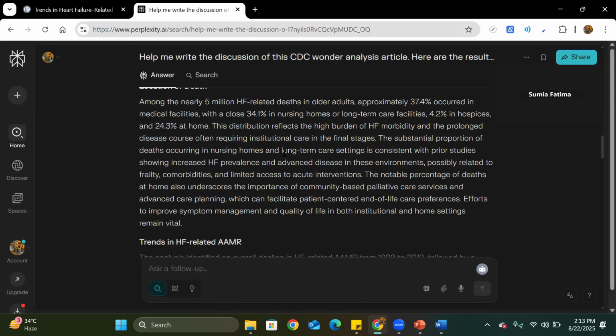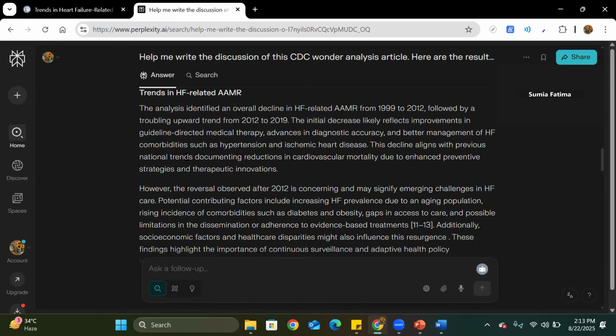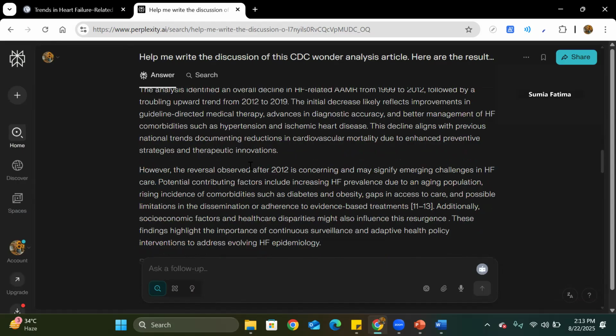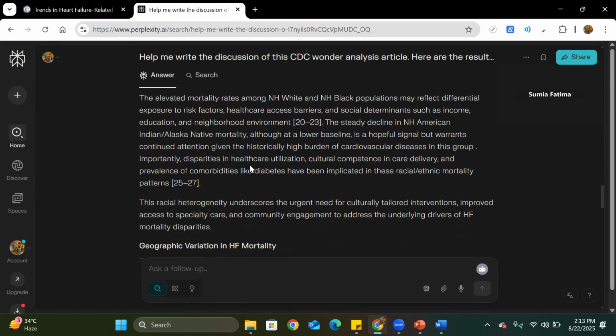So here it has mentioned that there are more deaths in nursing homes and long-term care facilities because the people are poor, frail, have comorbidities, and have limited access to acute intervention. And then again, national trends documenting reduction due to enhanced strategies and therapeutic intervention, and all that. So it's written very beautifully and it's good.